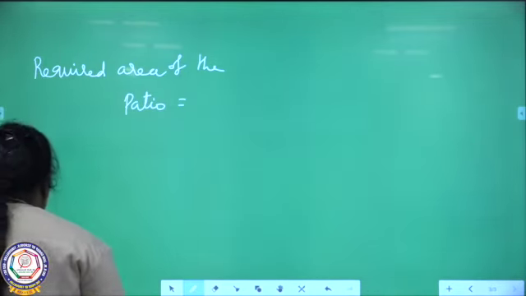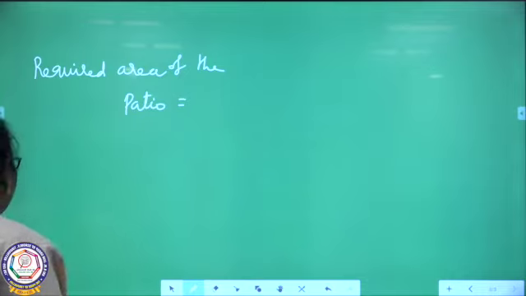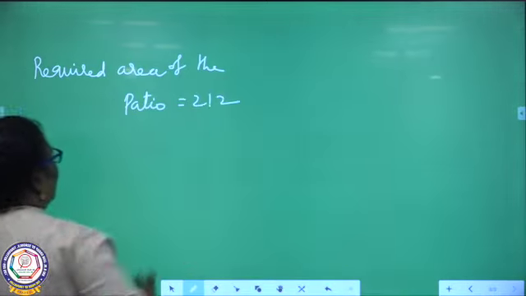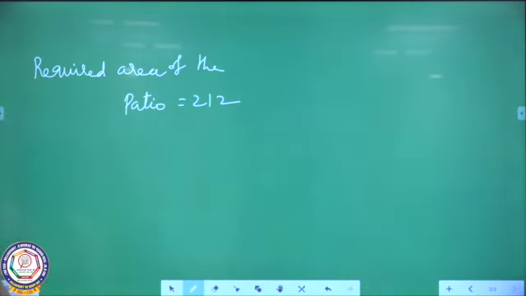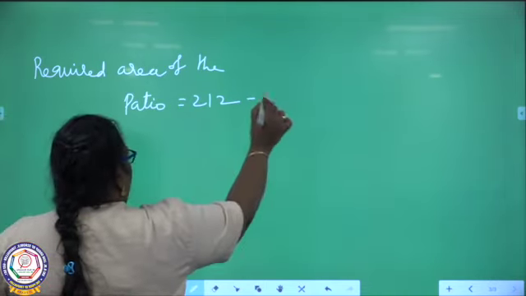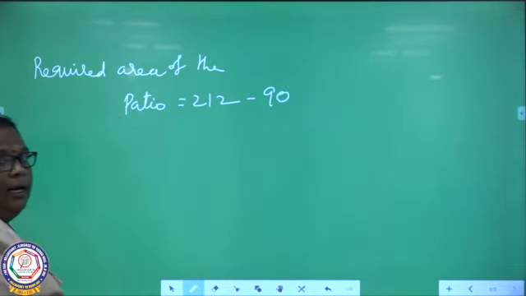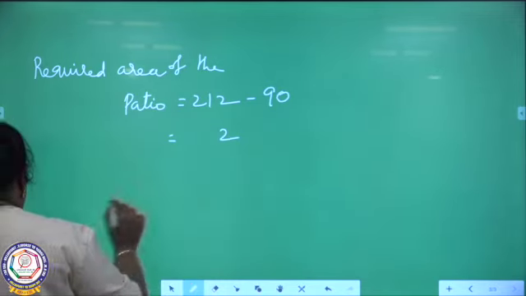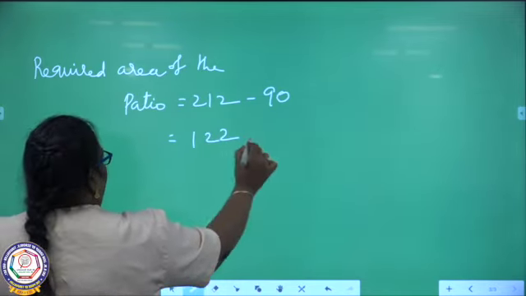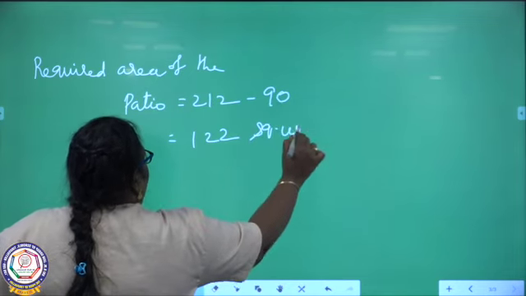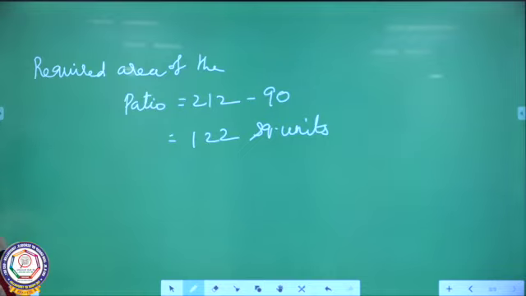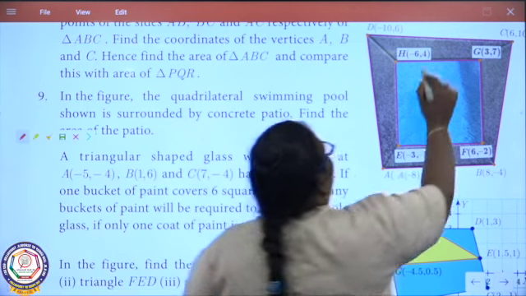Area of the quadrilateral ABCD minus the area of the quadrilateral EFGH is 90. So what is the value we are getting here? 122 square units. See, this is exercise 5.1.